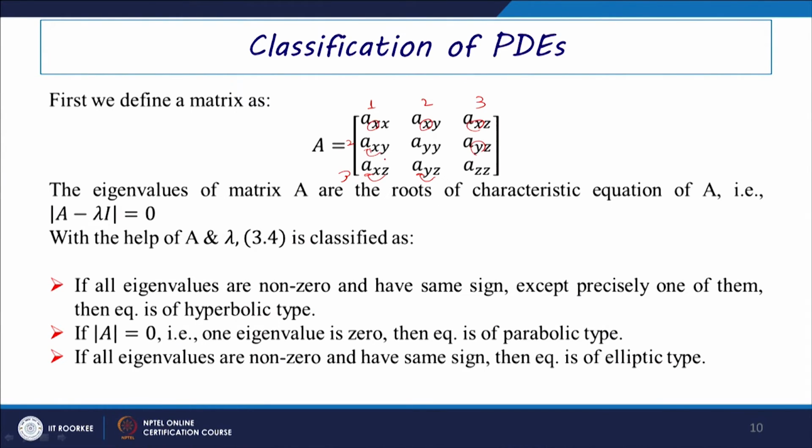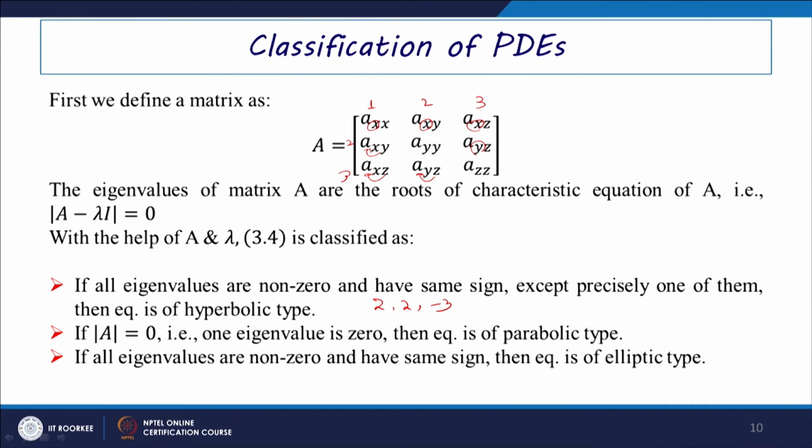That is why the condition says the eigenvalues are non-zero and have the same sign except precisely one of them. So with 2, 2, minus 3, we can say this partial differential equation is hyperbolic in nature.